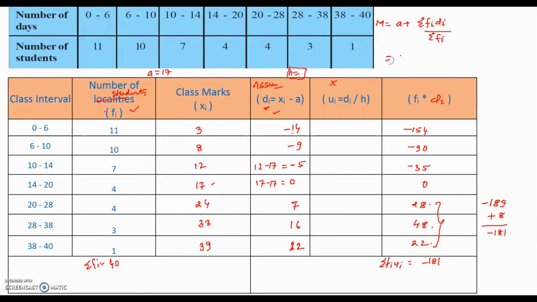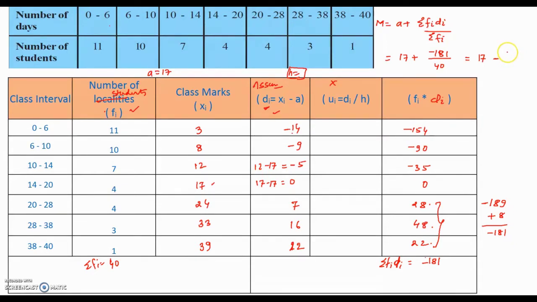Assumed mean is 17 plus sigma fi di, minus 181, by sigma fi, which is 40. Okay, this will be 17 minus 181 by 4.